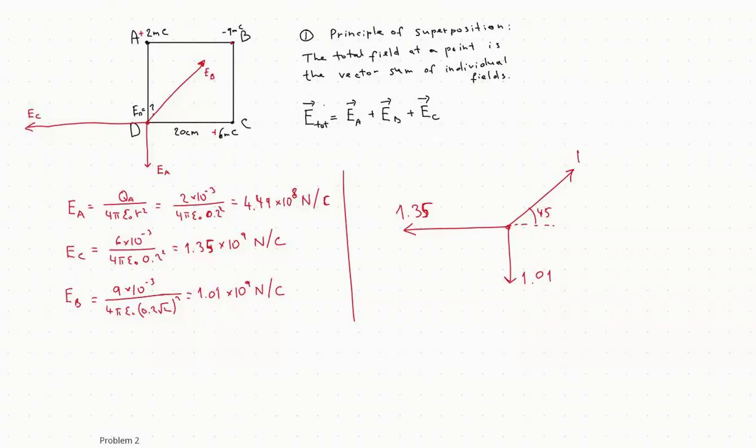Oh, sorry. What am I doing? No, that's a mistake. So the downwards vector is 0.45, and this one is 1.01, and because it's 10 to the -9, we can say it's nanonewtons per coulomb.